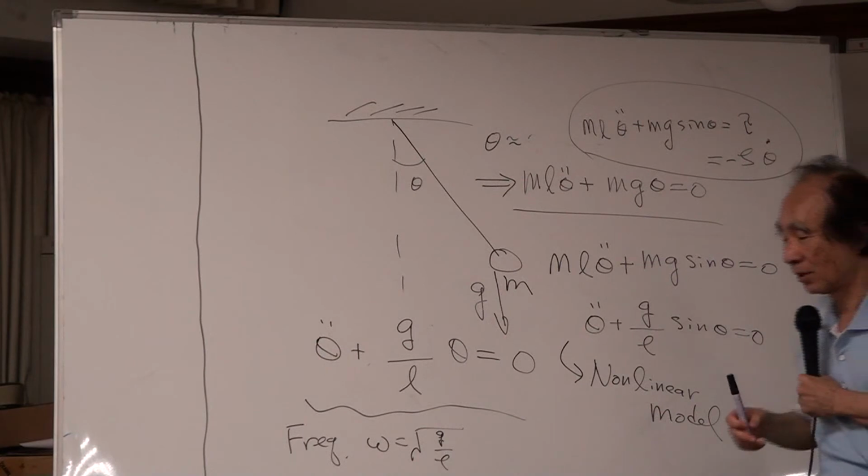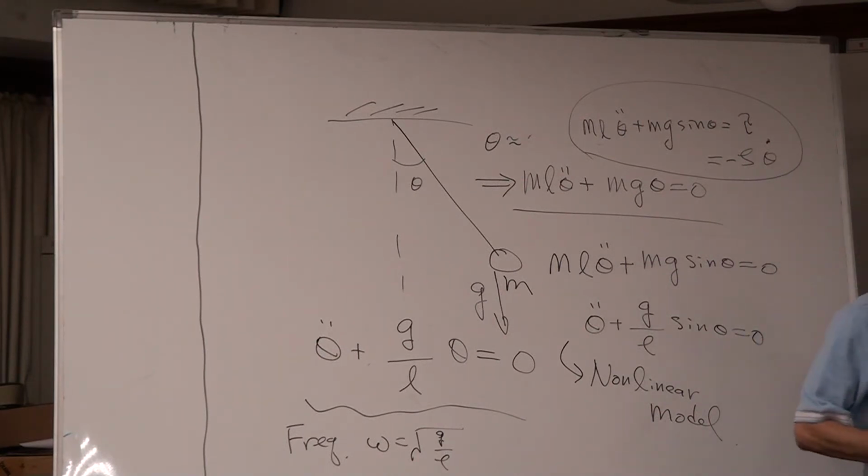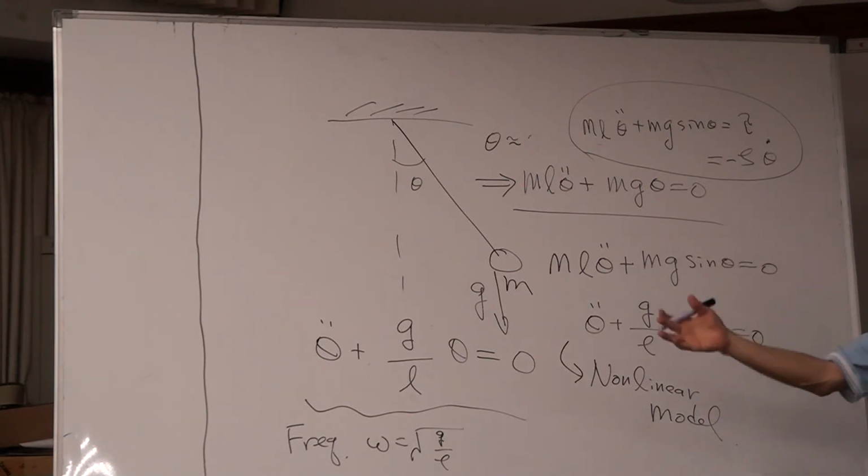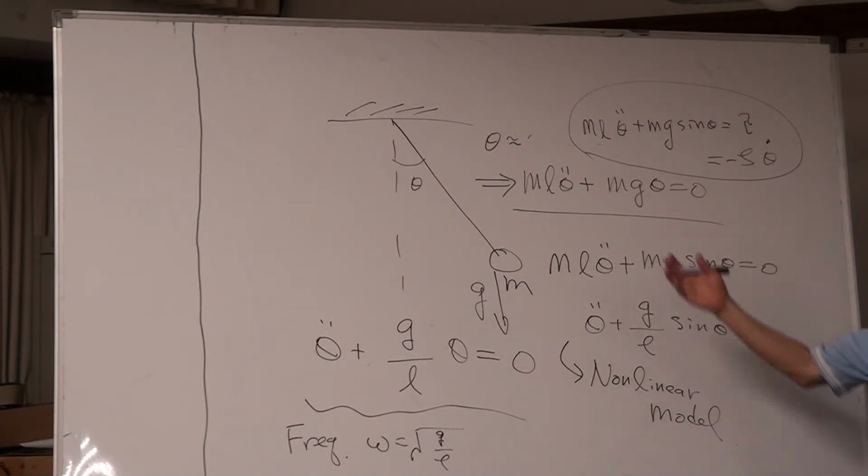So it doesn't matter if it's a nonlinear system or a linear system. What you can do is still use the linear system model, design a controller, go out there and try it, and see if it works or not. Agree? All right.